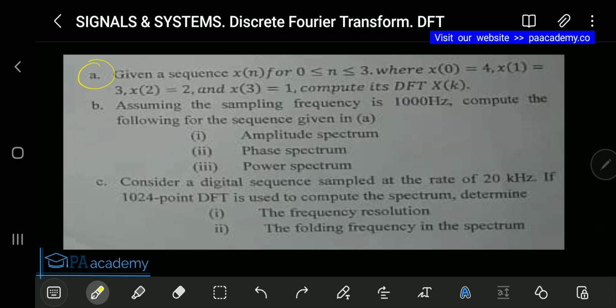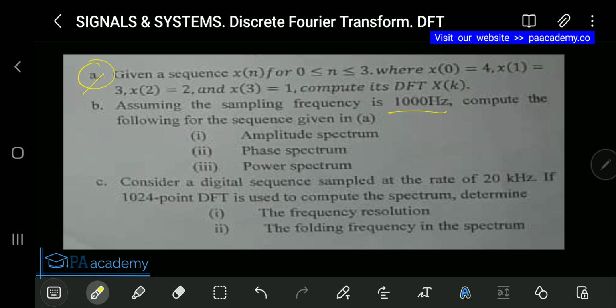So the second question is how to answer questions under signals and systems if you are asked to find the amplitude spectrum, the phase spectrum, and the power spectrum. If you look at the question, you see that it's a continuation to the A part. It says, assuming the sampling frequency is 100 Hz, compute the following from the sequence given in A. So after we must have answered the A part, which we've done in the previous video, we can go ahead to answer the B part.